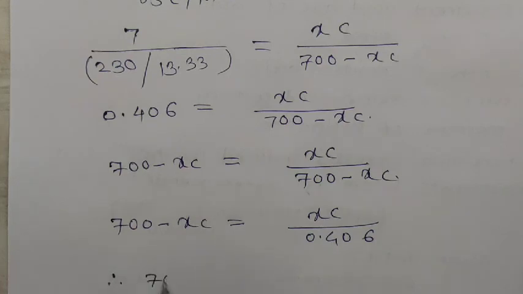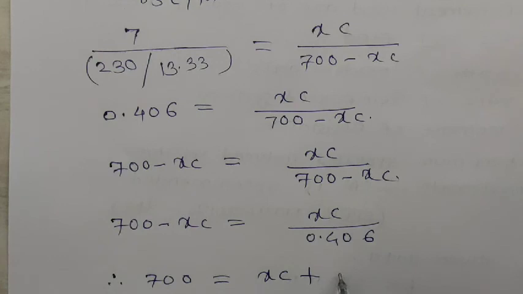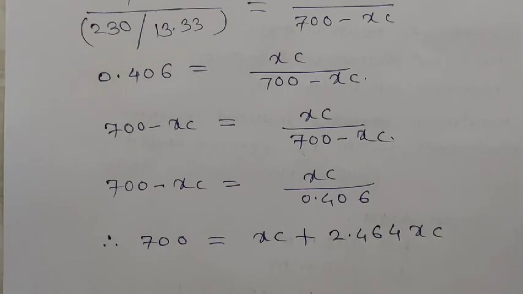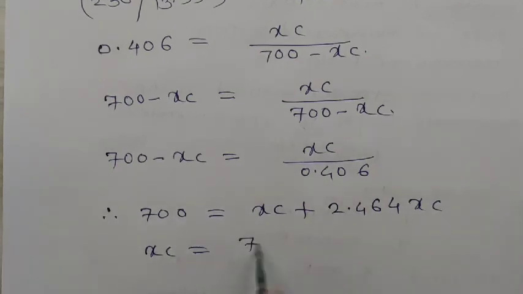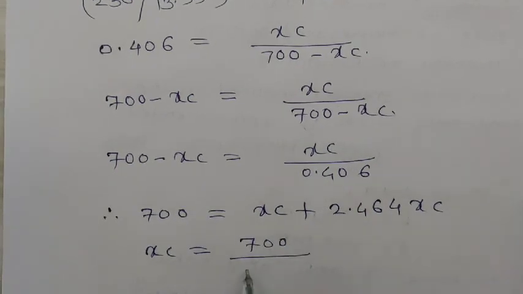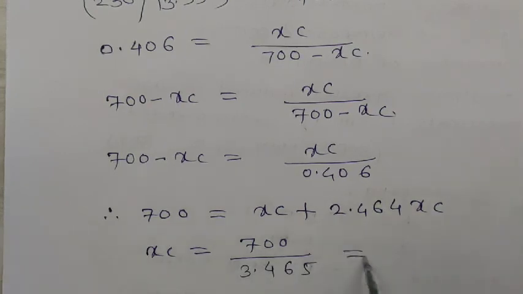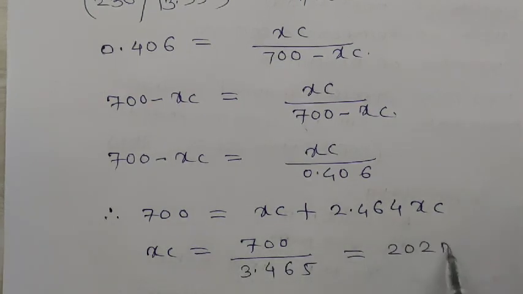Therefore 700 is equal to XC plus 2.464 XC. XC is equal to 700 divided by 3.465, which is equal to 202 mm.